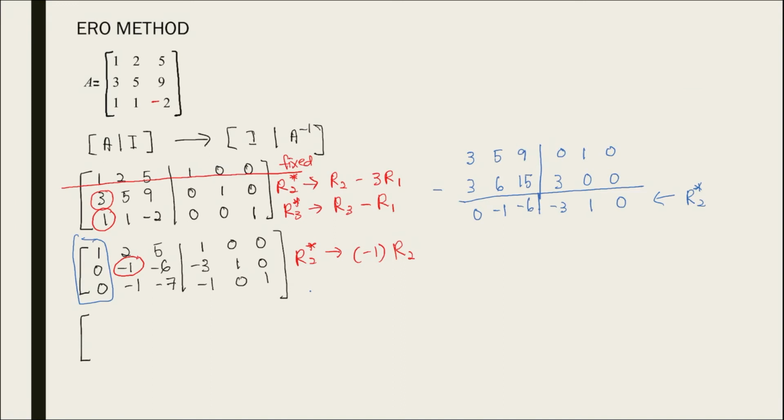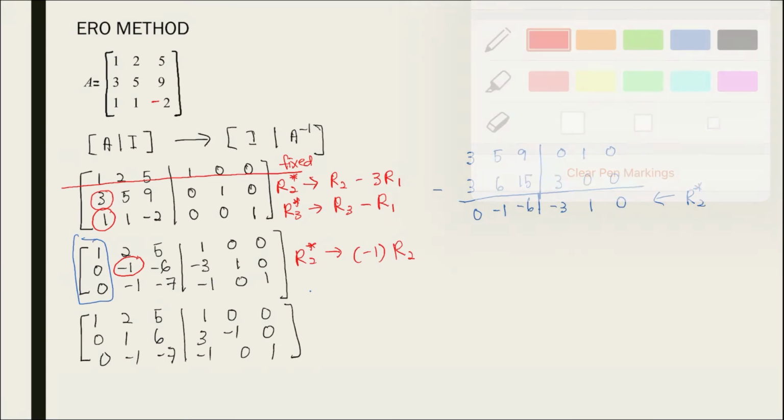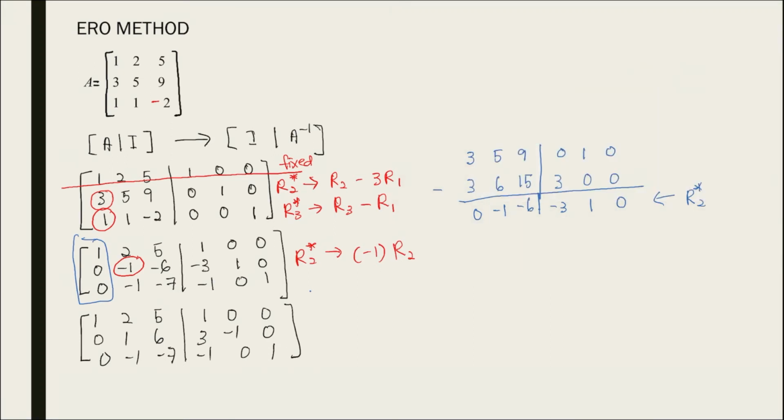So what happens when negative 1 times row 2? The other two rows are the same. So write back the other two rows. So this one is 0, 1, 6, 3, negative 1, 0, 0, negative 1, negative 7. Alright, so now we have 1 in the middle.